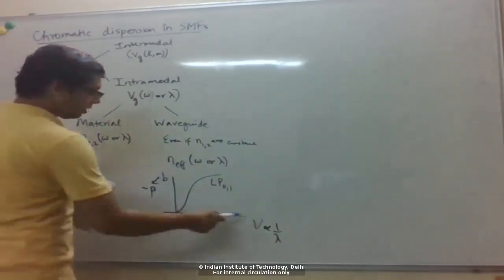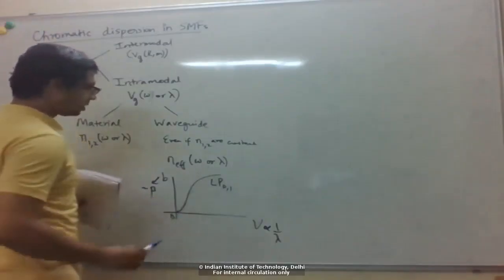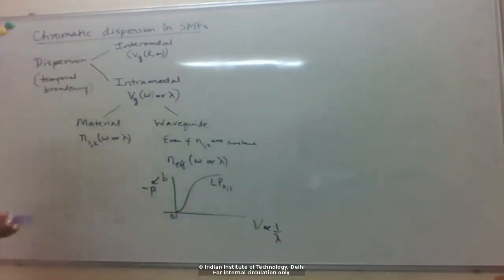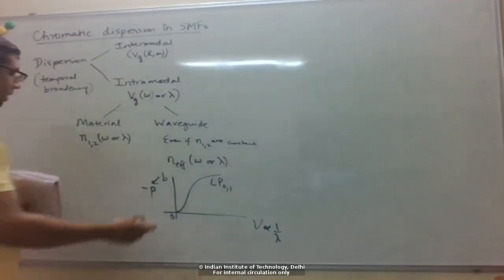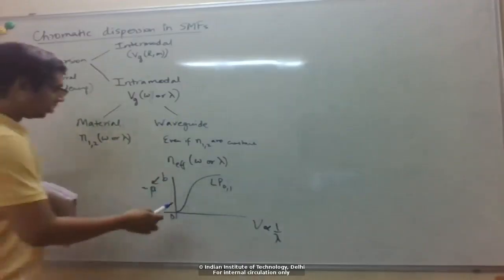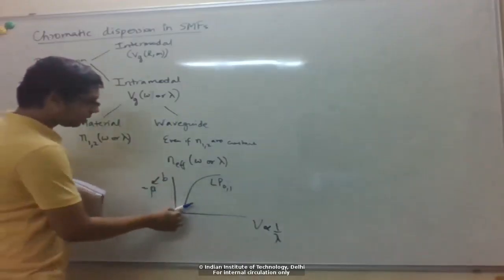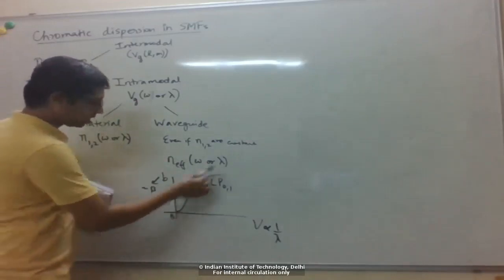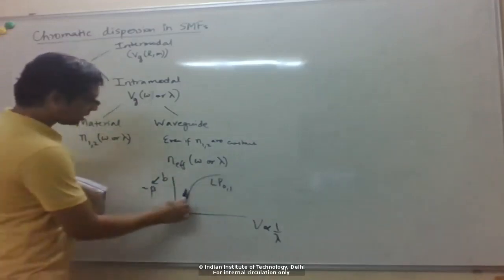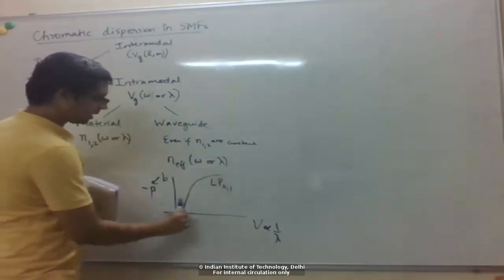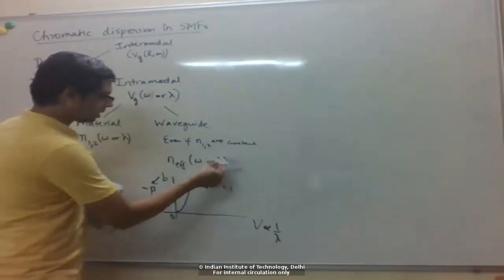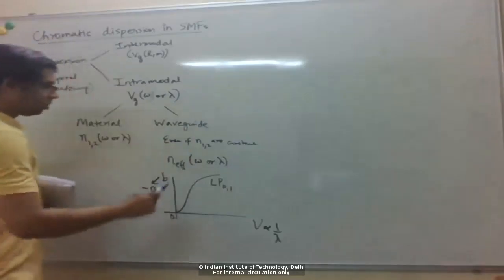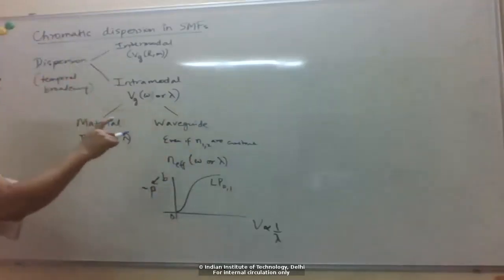And so as you change wavelength or frequency, you are changing the propagation constant, and the group velocity is basically the derivative, d beta by d omega. So you can imagine it's related to the slope of this curve, and the slope of this curve is of course changing, right? So as I change wavelength, the slope of this curve is changing.